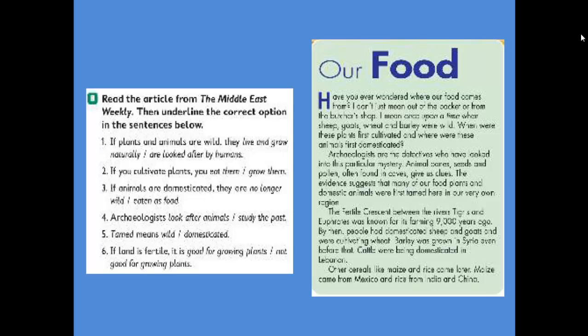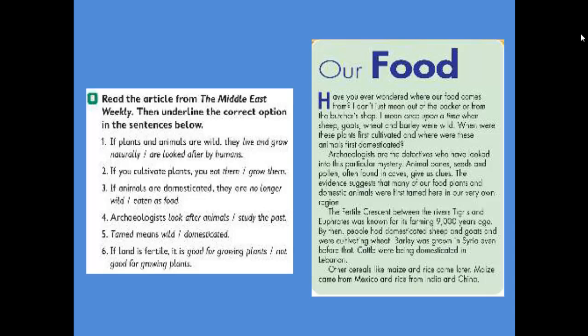Have you ever wondered where our food comes from? I don't just mean out of the packet or from the butcher's shop. I mean once upon a time when sheep, goats, wheat, and barley were wild.